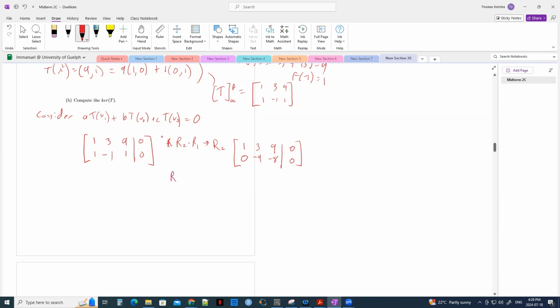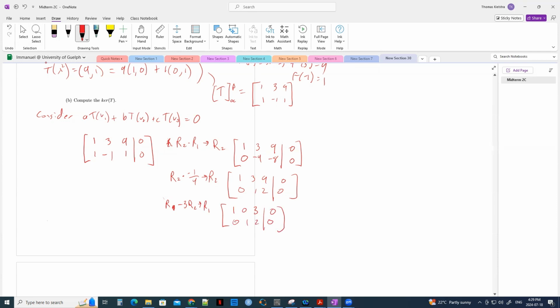Then R2 times -1/4, replacing R2, to give us 1, 3, 9, 0, 0, 1, 2, 0. Now R1 minus 3R2, replacing R1, gives us the matrix 1, 0, 3, 0, 0, 1, 2, 0.